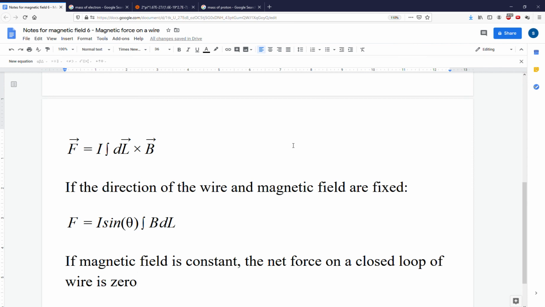In which case, we can simplify this formula into F is equal to I sin theta times the integral of B dL. Now because we are using the scalar form, scalar multiplication is commutative, that's why I am able to move the dL here to the end. And once again, theta is the angle between the wire and the magnetic field.